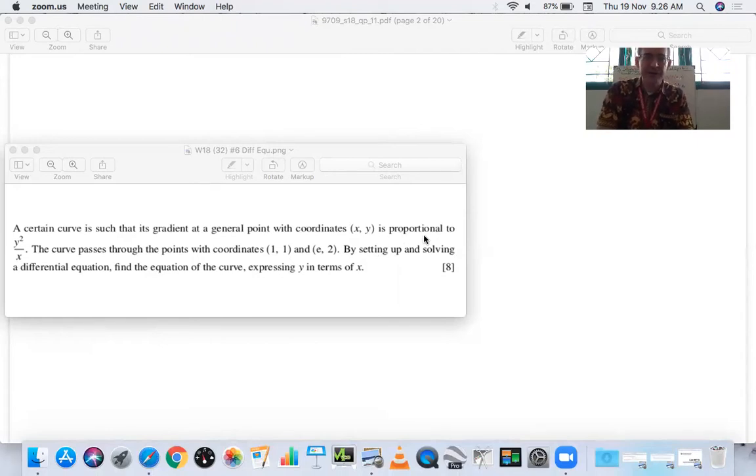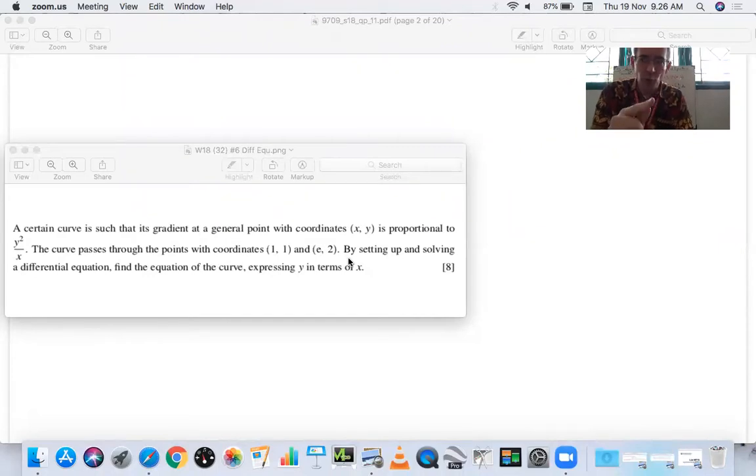So that's very important in getting started. If you don't start right, you're going to lose most of those 8 points. So you really need to pay attention. I would write it in your notes that proportional means proportionality constant, and you need to substitute a K into your equation.